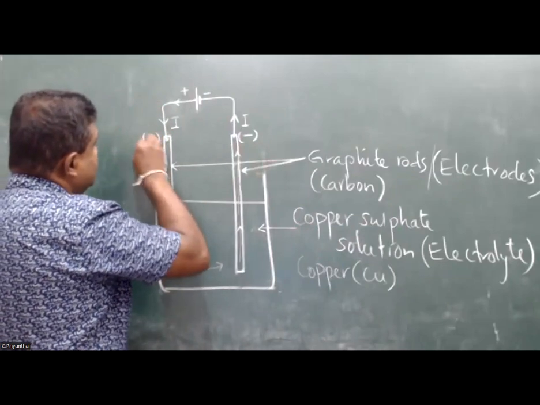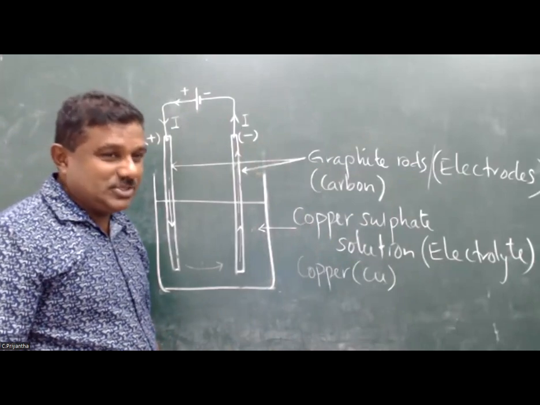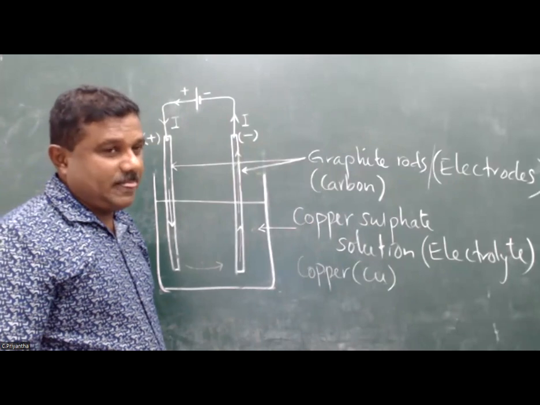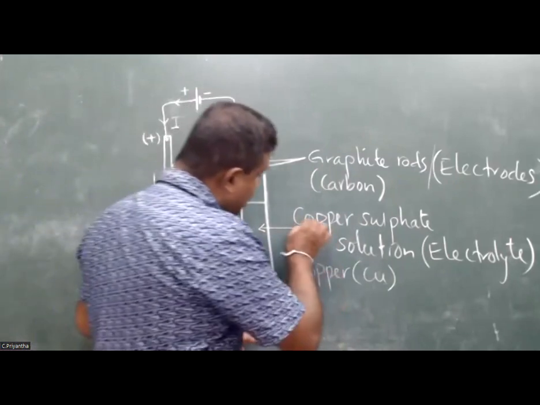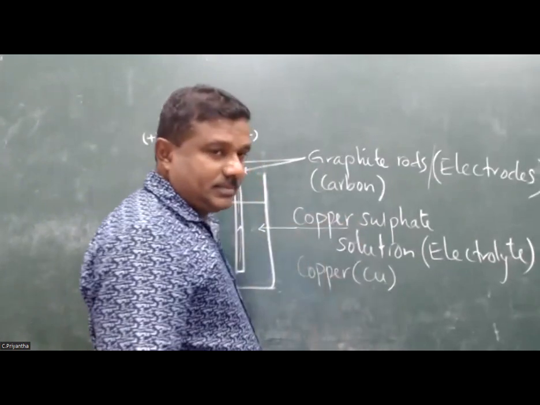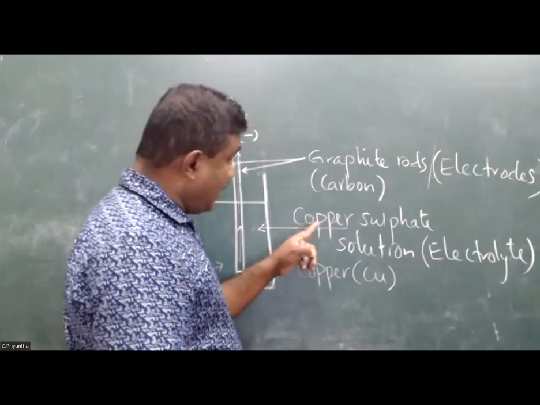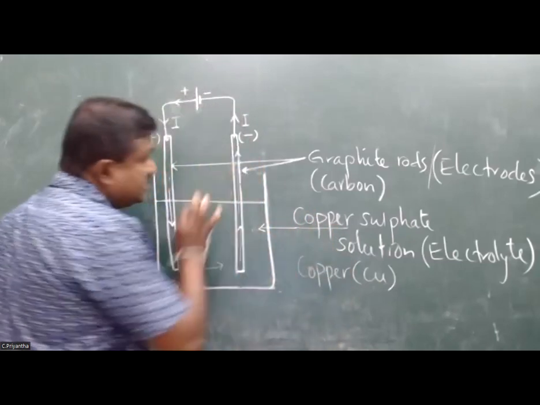Here the positive one, connected to the positive end of the dry cell, is the positive electrode. In the solution there are copper metal ions and hydrogen positive ions.